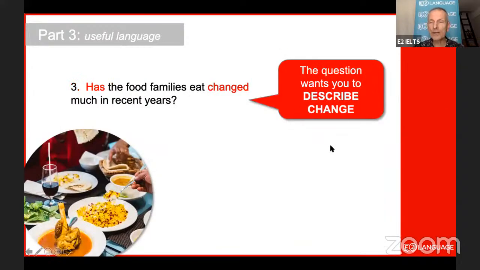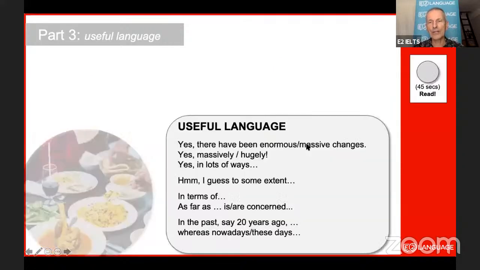Now, this one, sometimes you're asked to talk about what changes. So different kind of language. So let's have a look at the language to talk about change. Just a little time to read and I'll test it and we can try it out.